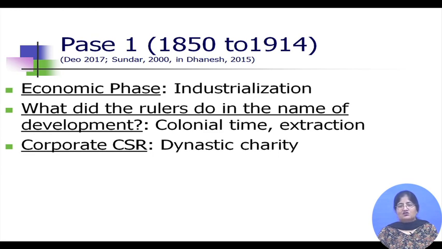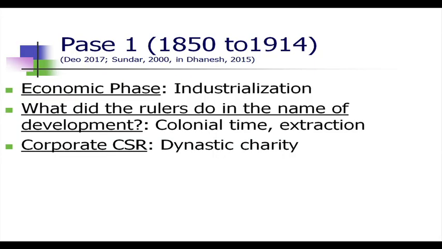They were trying to extract money from people who were earning to build roads, to build infrastructure, to develop the country. Corporate CSR was in the form of dynastic charity. We had princely states, we had little kingdoms here. So the corporate social responsibility formally was in the form of charities by dynasties, by rulers, by kings of these states.